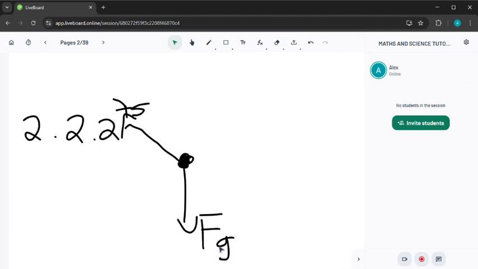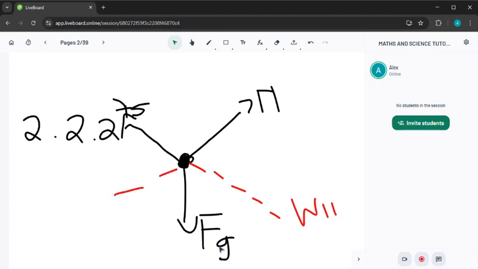And then there is also a normal force. But because we are dealing with the incline, please don't forget that if we included Fg, we don't have to include these forces. Remember, if there is an incline plane, then there will be the components of Fg, which are weight parallel, and on this side weight perpendicular.